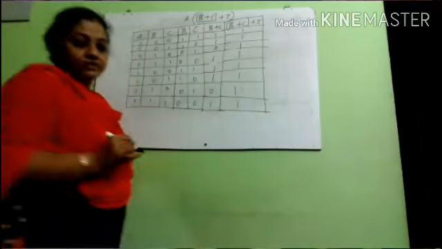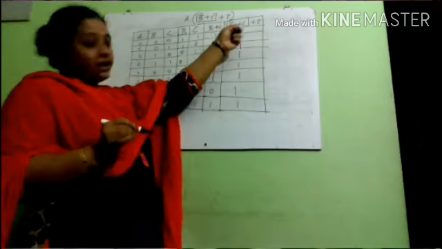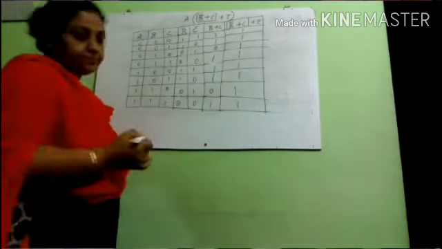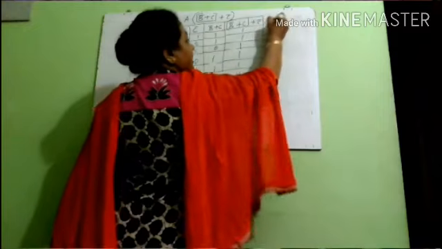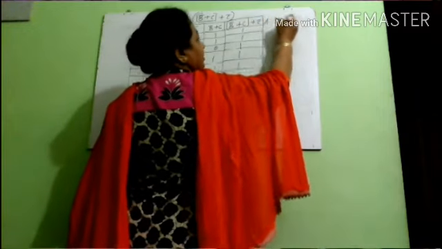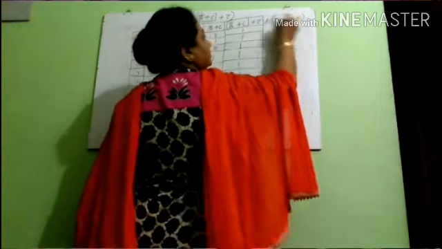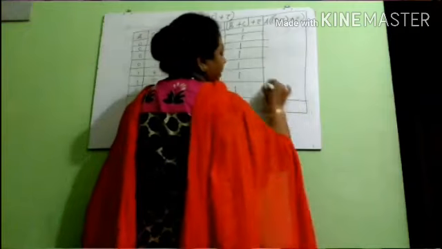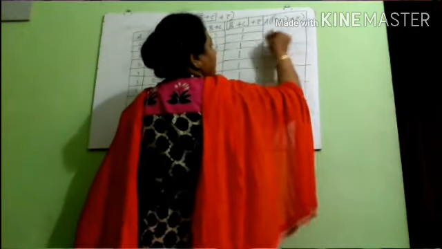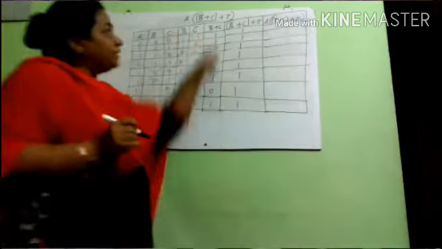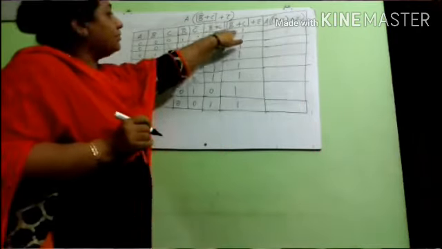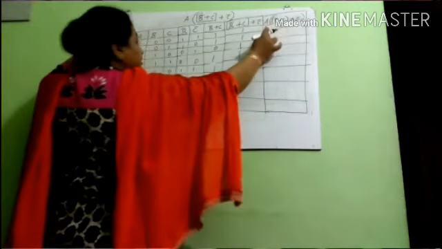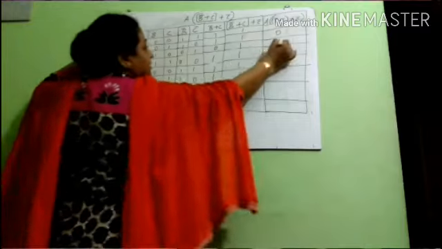So, first let us start with B bar plus C. B bar, that is 1, ORed with 0 is 1. 1 or 1 is 1. 0 or 0 is 0. 1 or 0 is 1. 0 or 1 is 1. 1 or 1 is 1. 0 or 0 is 0. 1 or 0 is 1.